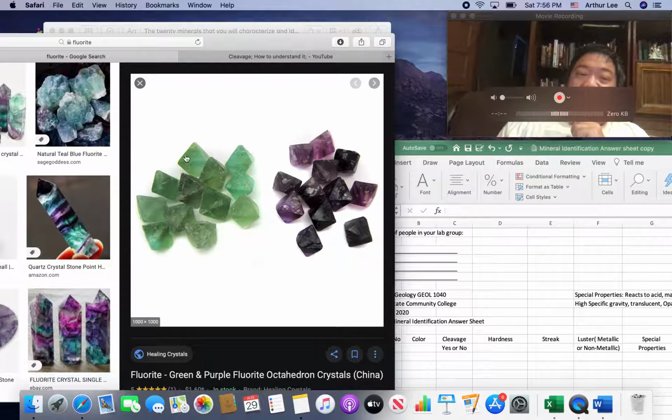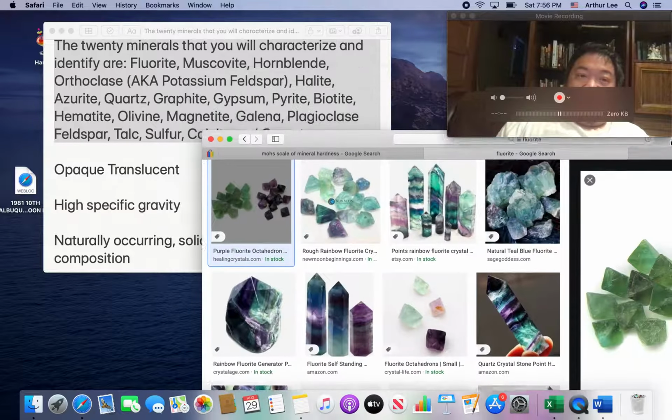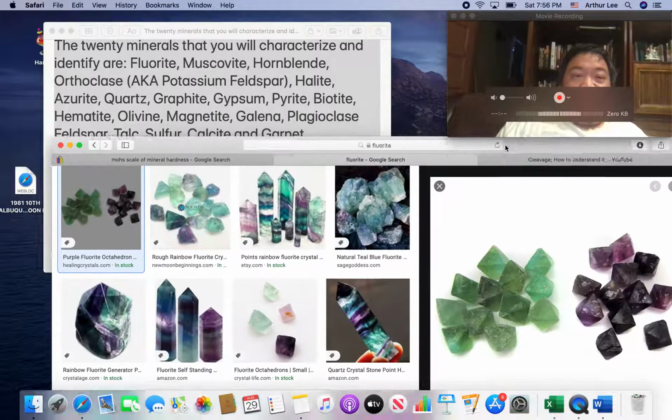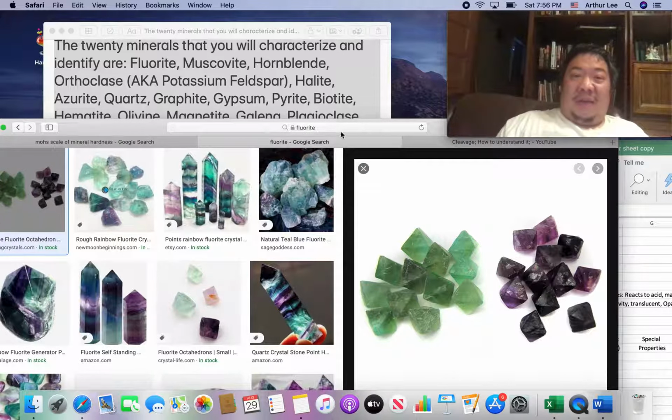That means the mineral is between 2.5 and 6.5, right? Another thing about fluoride is that it's translucent. It will allow for some light to pass through it. That's the first mineral, ladies and gentlemen, fluoride. Now we're going to look at mineral number 2.